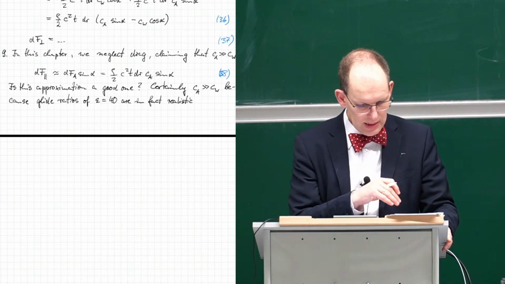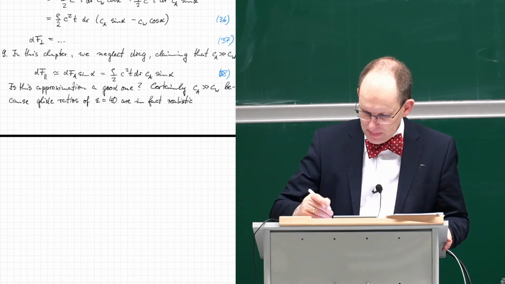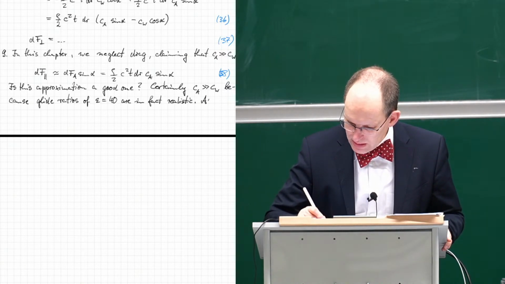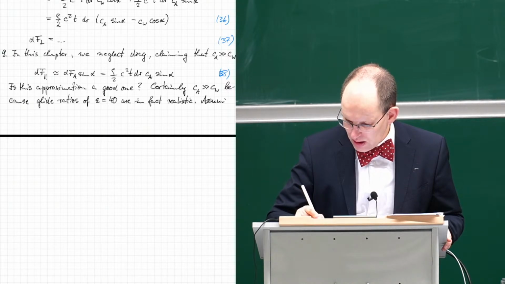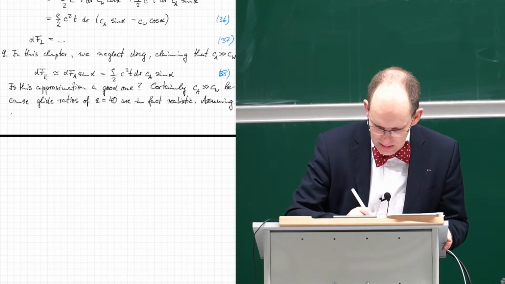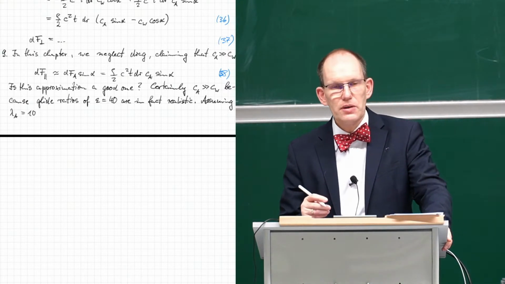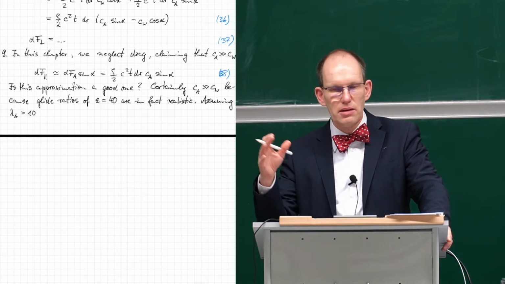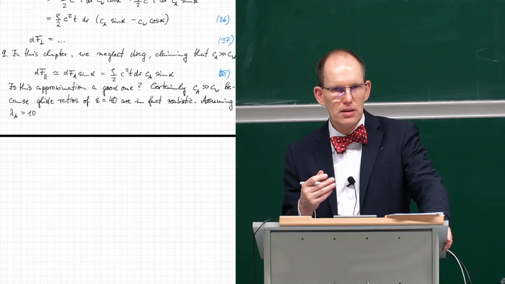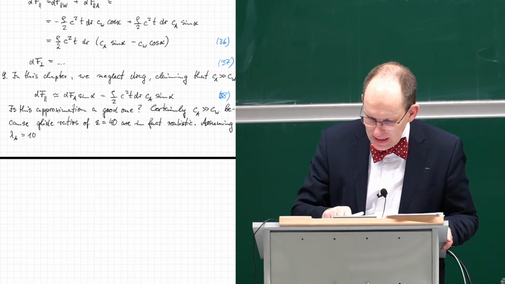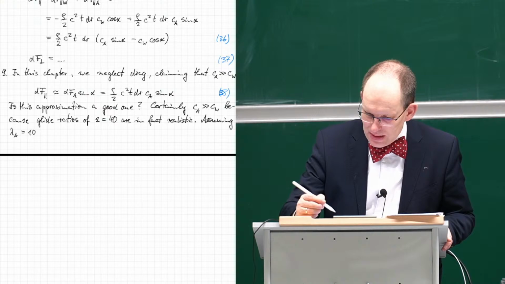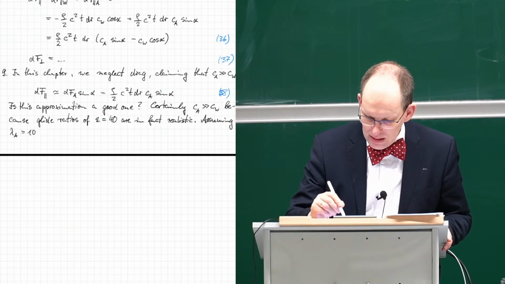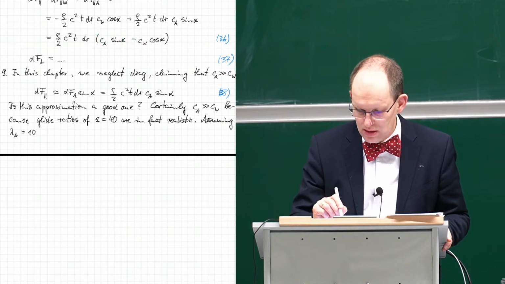But now, if we assume a tip speed ratio of 10, for which we found that alpha is equal to 3.8 degrees at the tip, there you see we have a small angle, and therefore the lift is actually small.